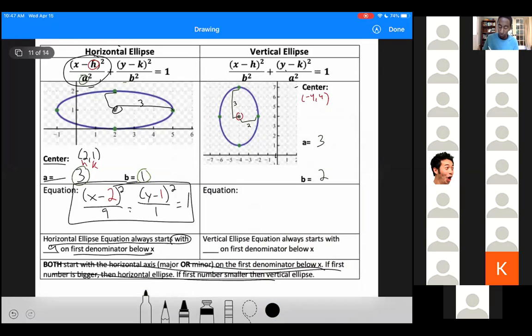Sorry. So the equation would be x. Now be careful here. It's h. So it's minus h. So you have the minus and then you have the negative. So it'd be minus -4. So it'd be +4.